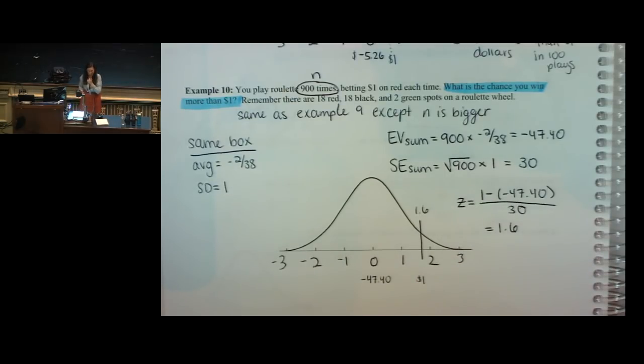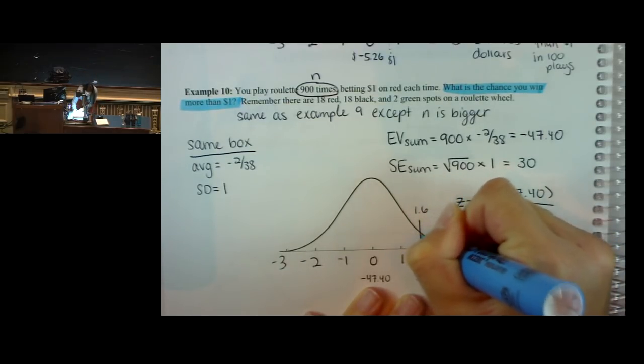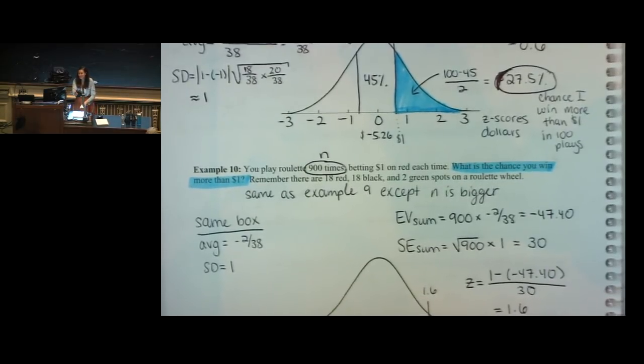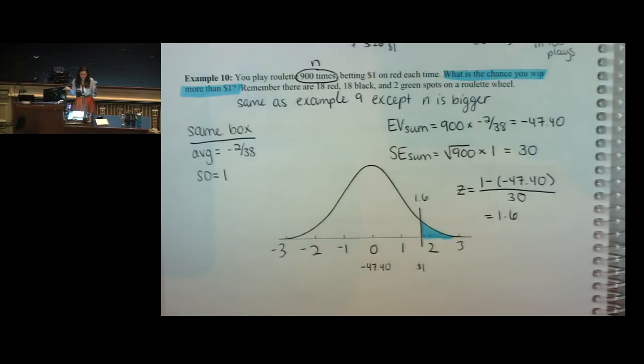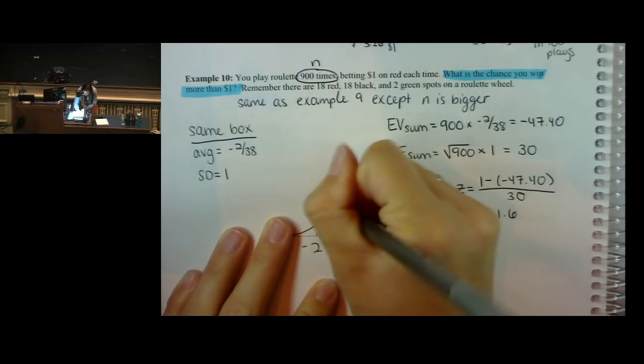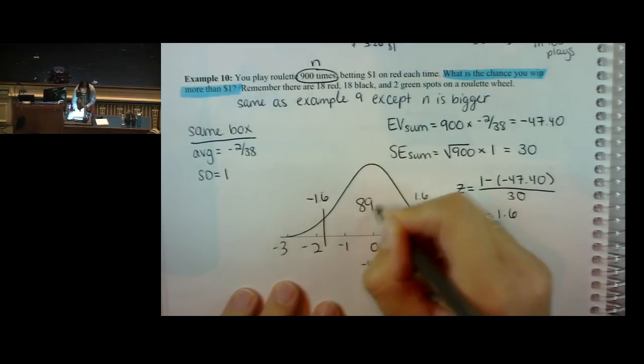There's $1. And I want to know the probability I win more than $1. Right away I can see my shaded area is smaller than before. If I figure out exactly what this is, I look up 1.6. My middle area is 89%.